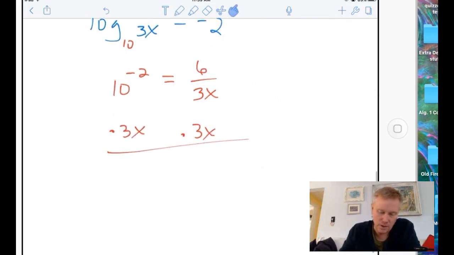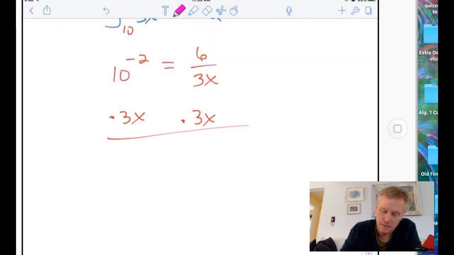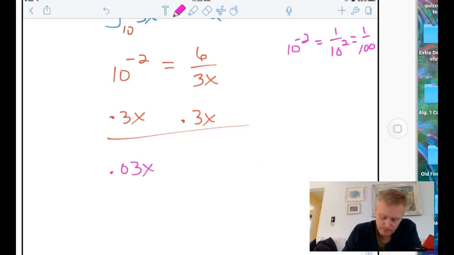10 to the negative second power is, write that on the side, 10 to the negative second is 1 over 10 to the second, which is 1 over 100, which is 0.01. And if I take 0.01 times 3x, I get 0.03x equals 6.